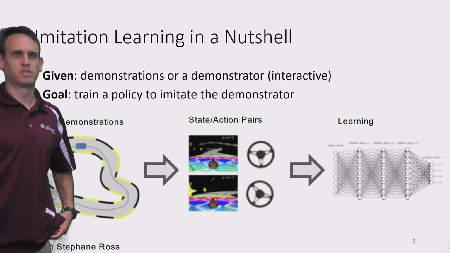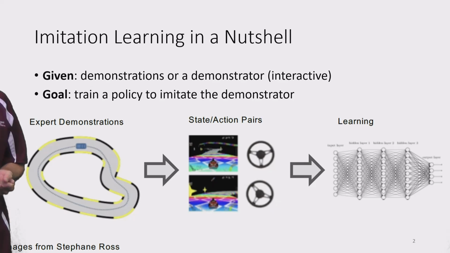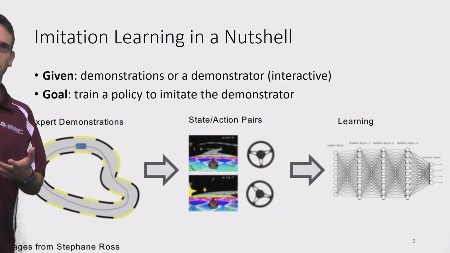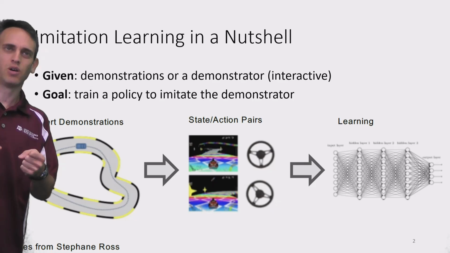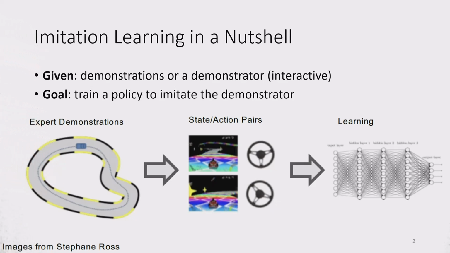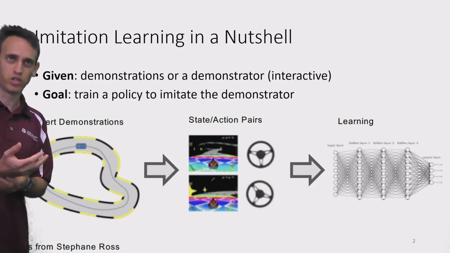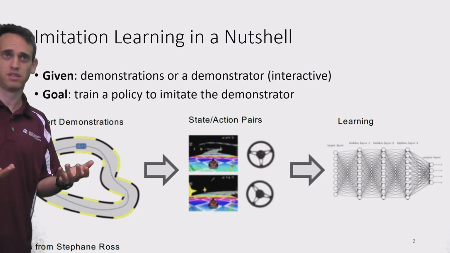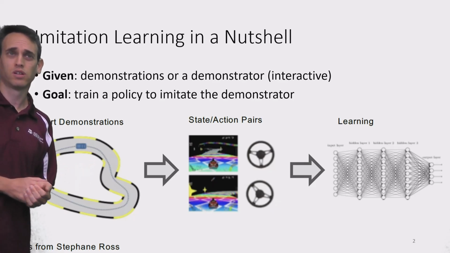So the high-level problem that we're trying to solve here is that, given some demonstrations, in a specific environment, which will be the output of the controller in some states, we'll either assume that we are getting demonstrations, states, and then the action that should be taken at those states, or a demonstrator.